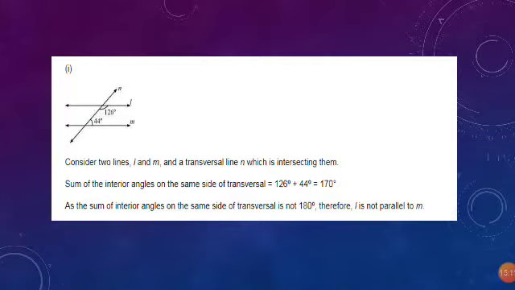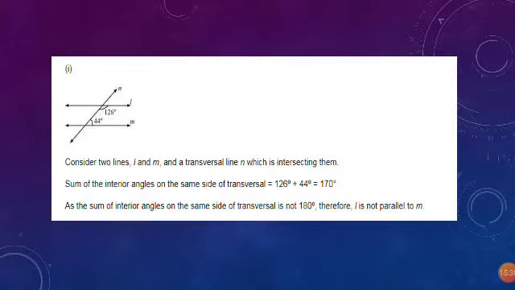The sum of the interior angles on the same side of the transversal is 126 degrees plus 44 degrees. Is that alternate interior angles? F-shaped angles. So 126 degrees plus 44 degrees, we get a value of 170 degrees.